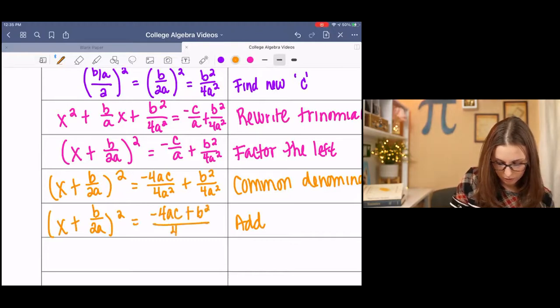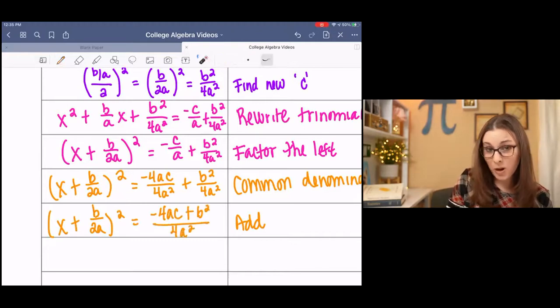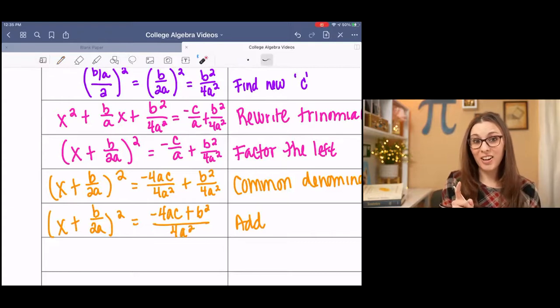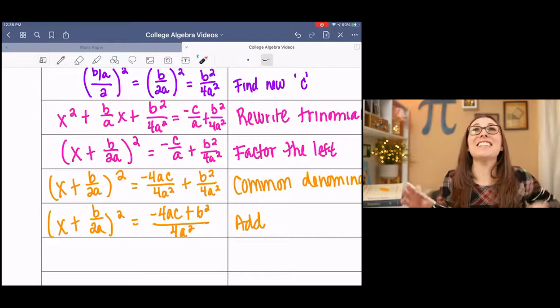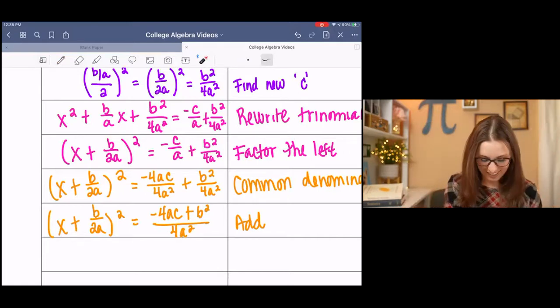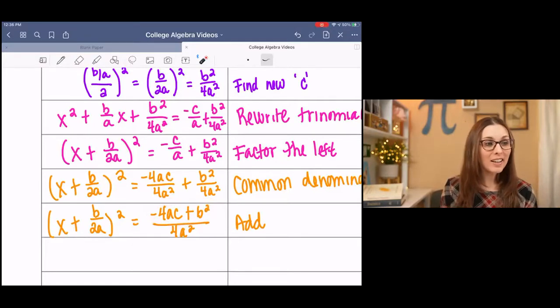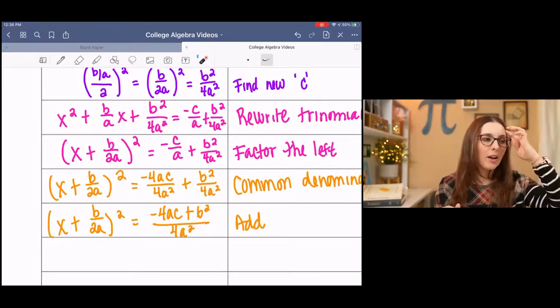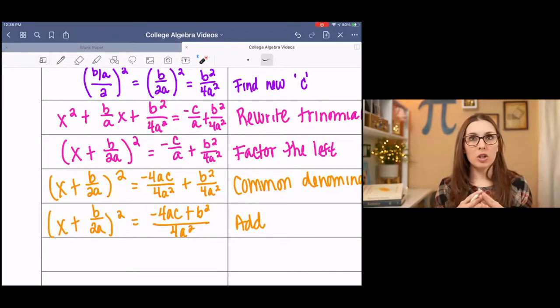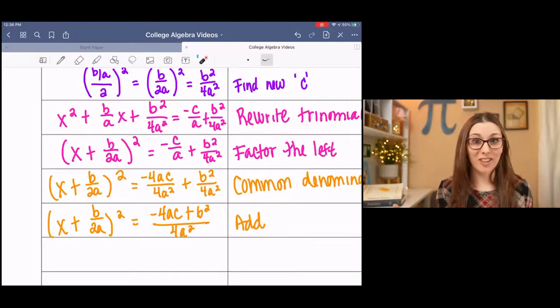All over 4a squared. Now, if you know the quadratic formula, you're probably starting to see something really familiar, which is just so exciting for me. Look at this. If you know the quadratic formula, then that looks familiar, and that's exciting. And now we have a perfect square trinomial that's been factored, and now we can use our square root property to solve for x.